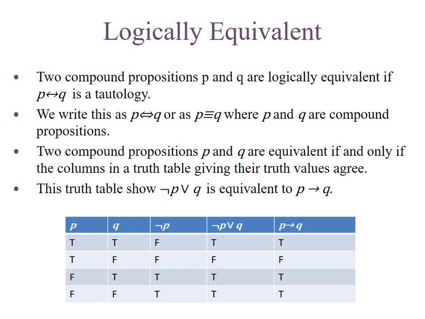So based on the previous definition, two compound propositions are logically equivalent if the biconditional of P and Q is a tautology. So you can infer if P is true, then Q is true, and if Q is true, then P is also true.